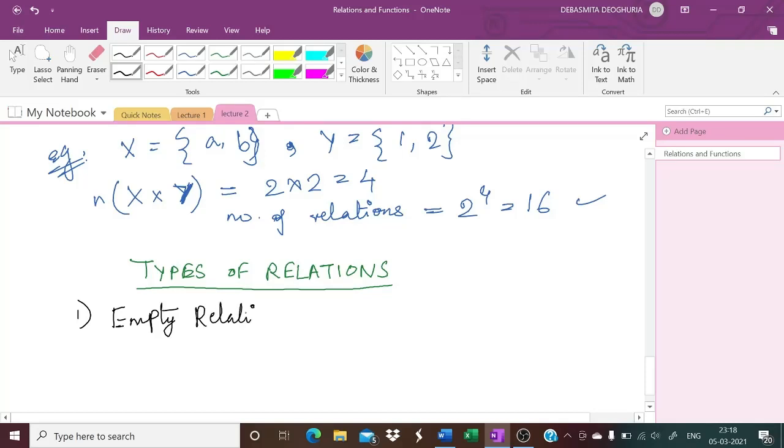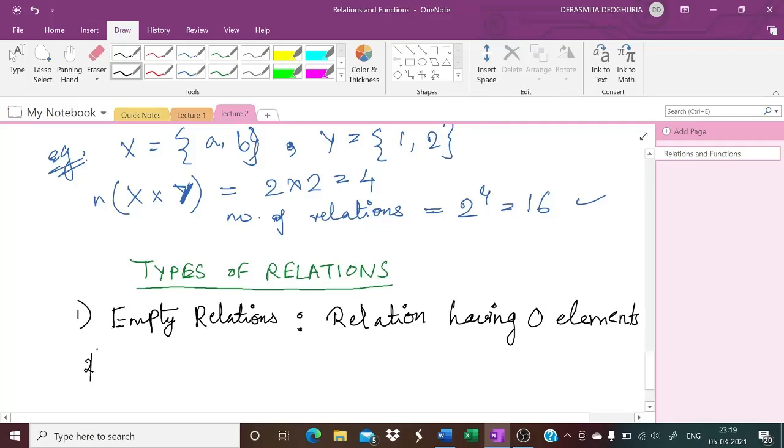What is an empty relation? A relation having zero elements is an empty relation. You know what an empty set is: a set which has no element, phi. Similarly, an empty relation is a relation having zero elements.